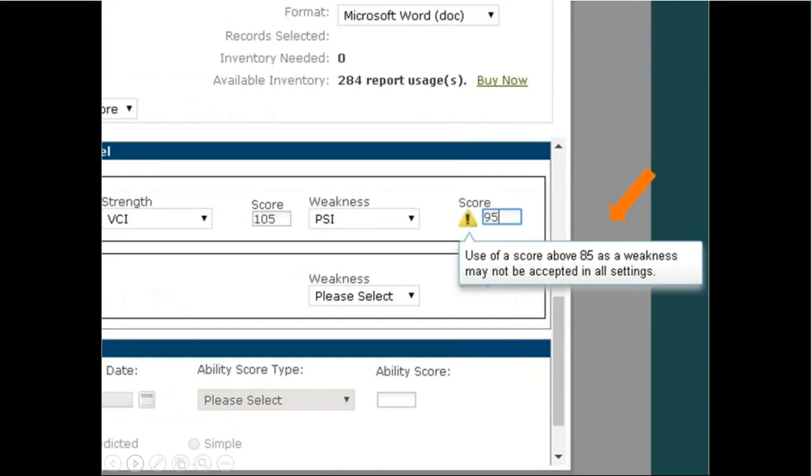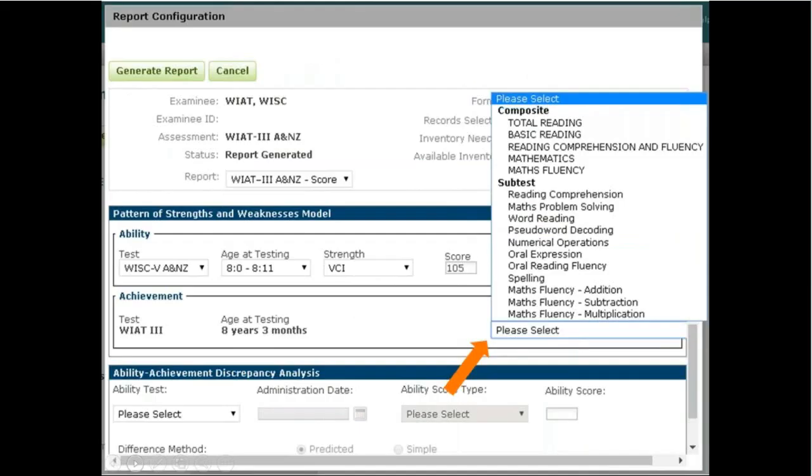Now, in this instance, PSI was 95, and there's a little prompt to say, you know what, maybe we shouldn't use a score above 85 as a weakness because it's certainly not acceptable in all settings. That's referencing the US legislation, of course, but a score of 95 in the average range is probably not considered a weakness with a VCI at 105. So it's probably not a useful index to use in this instance.